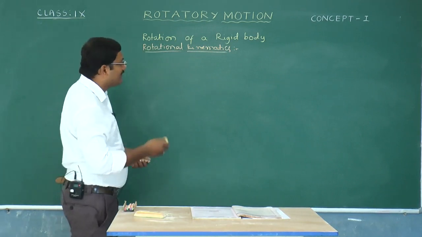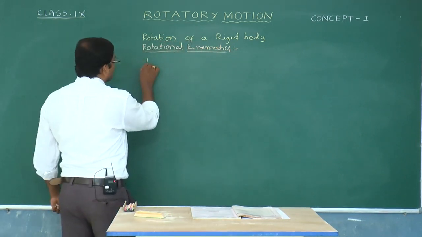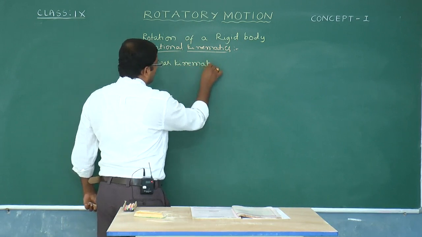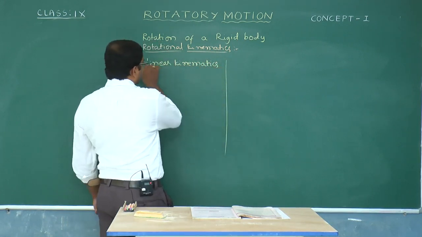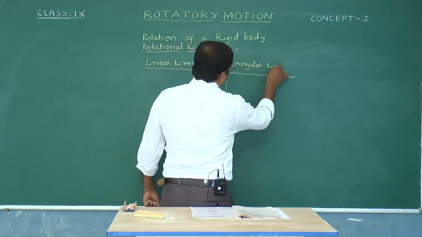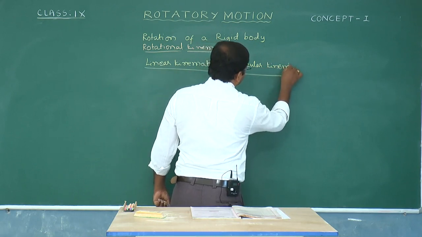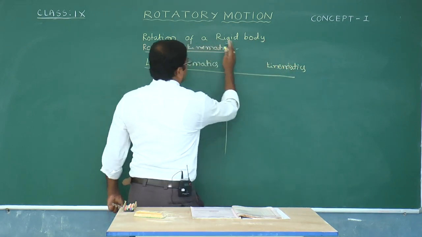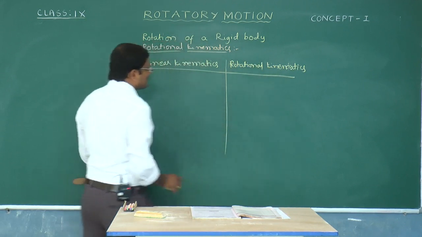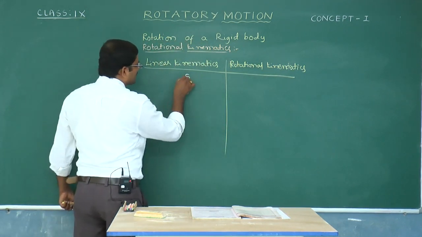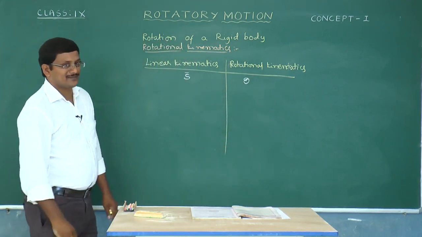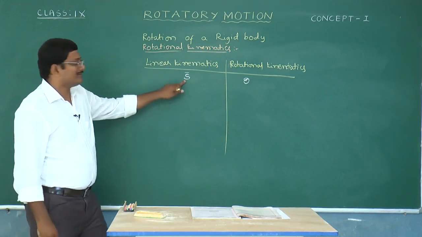So on one side linear kinematics physical quantities, and on the other side angular or rotational kinematics. Here we discussed displacement, and here angular displacement. This displacement is a vector, then what about this?